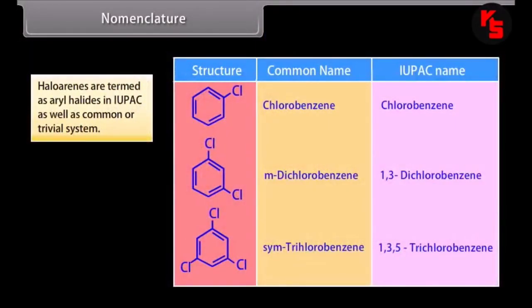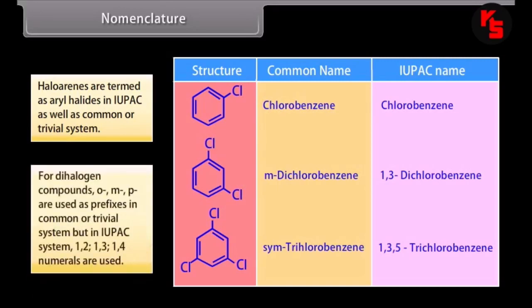Haloarenes are termed as aryl halides in IUPAC as well as common or trivial system. For dihalogen compounds, ortho, meta, and para are used as prefixes in common or trivial system, but in IUPAC system, 1,2; 1,3; and 1,4 numerals are used.